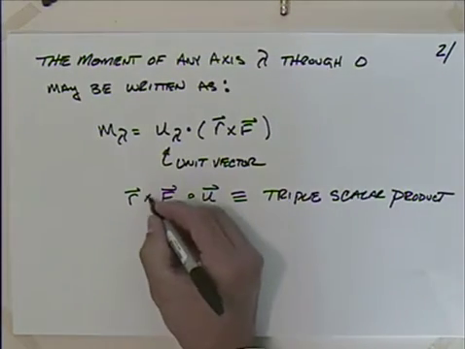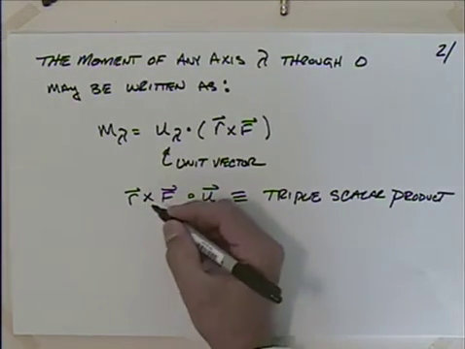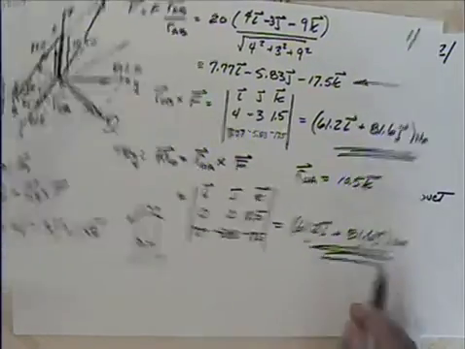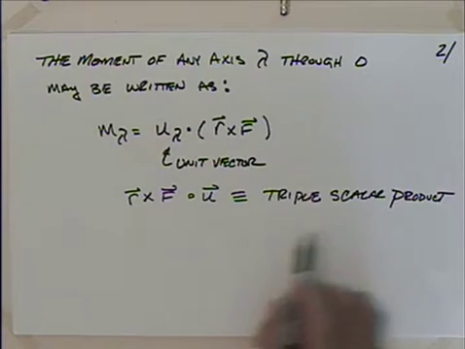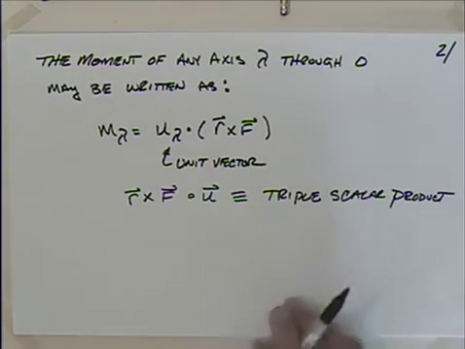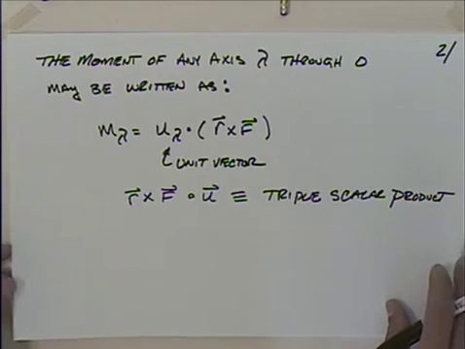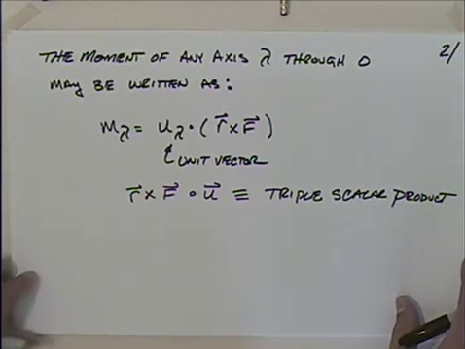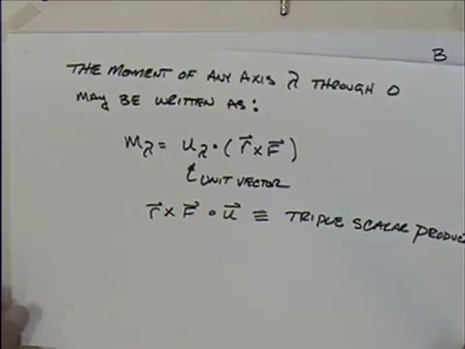Of course, when you do the cross, you end up with a vector when you cross something. Again, going back to this previous example, we crossed, we got a vector for our answer. But then when you dot it, you end up with a scalar. So we have this triple scalar product. So whether you remember the triple scalar product and that kind of terminology, you can still use these concepts. Let's try it in a problem then.